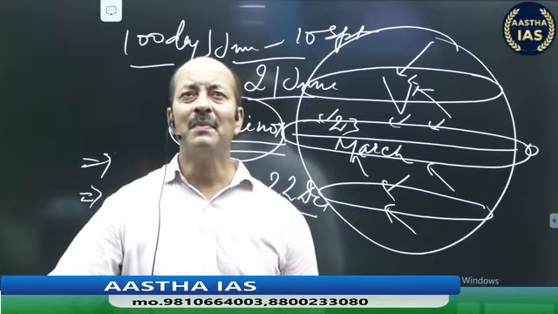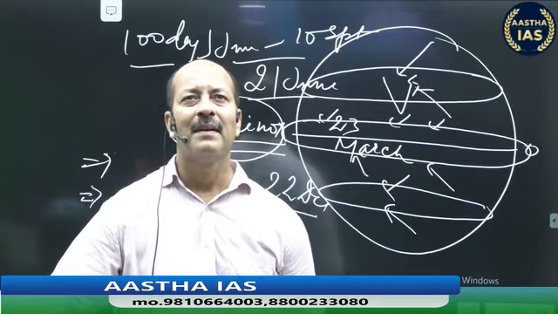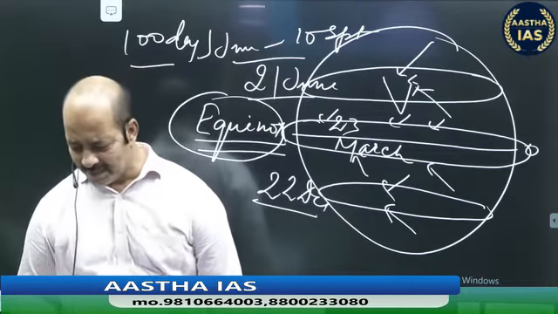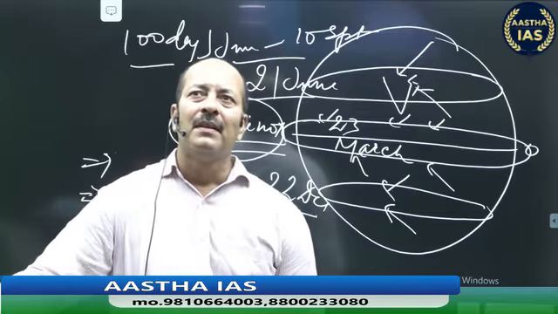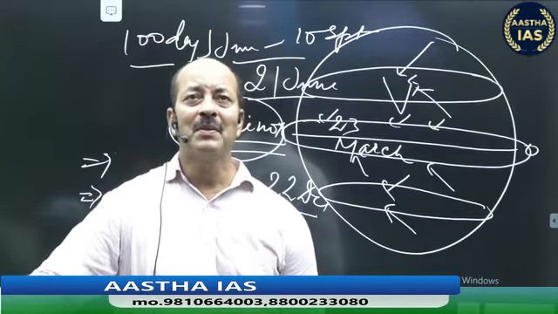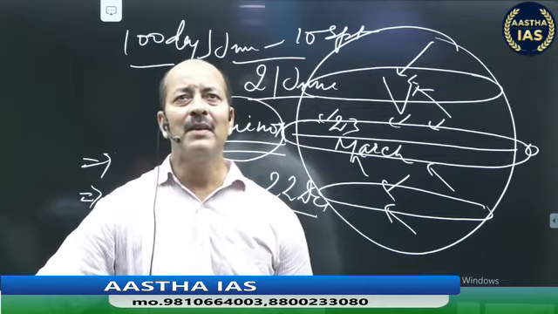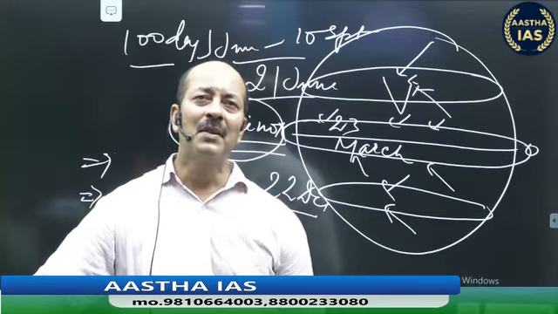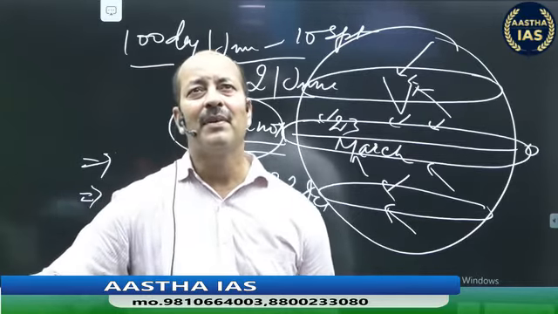So there is an end of monsoon in India and a beginning of heavy rainfall near the equator.